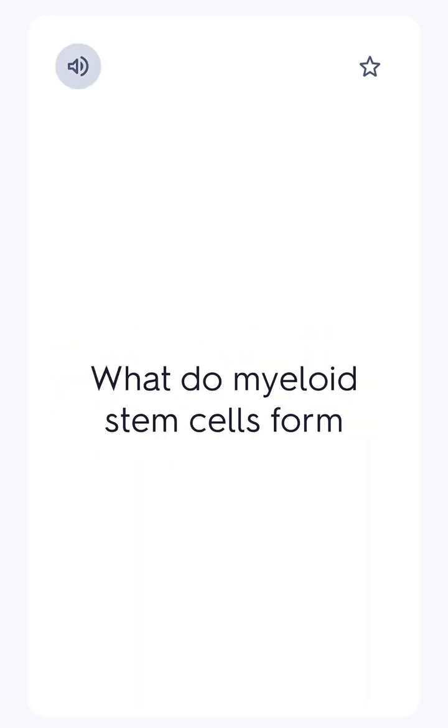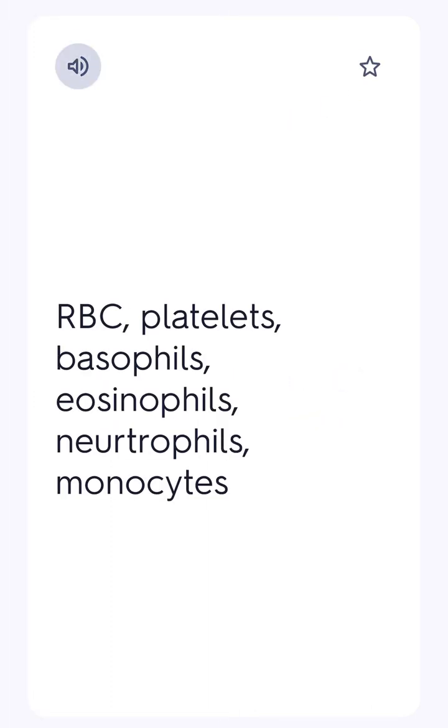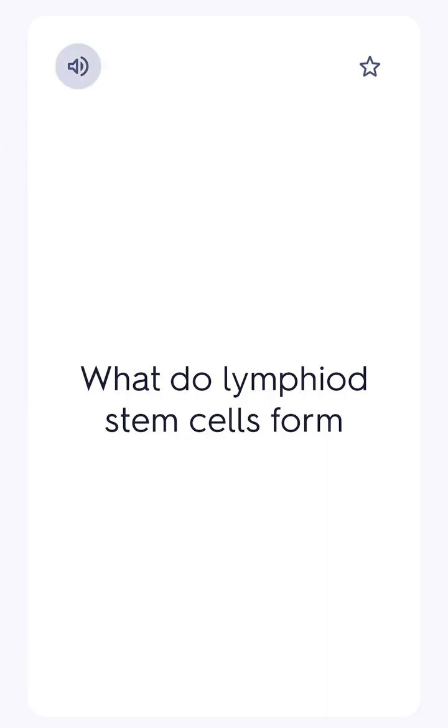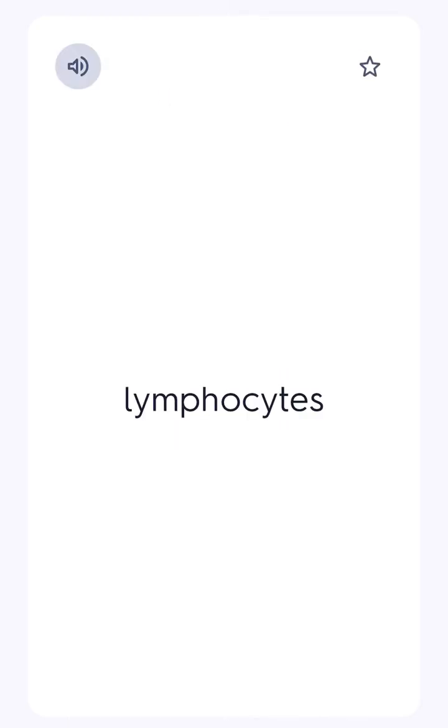What do myeloid stem cells form? RBC, platelets, basophils, eosinophils, neutrophils, monocytes. What do lymphoid stem cells form? Lymphocytes.